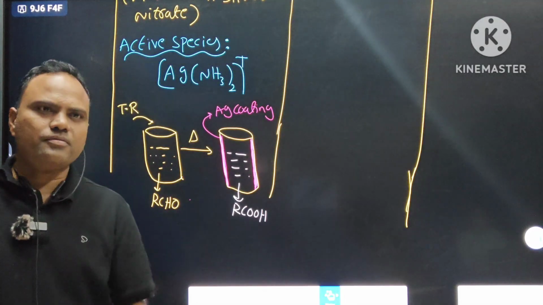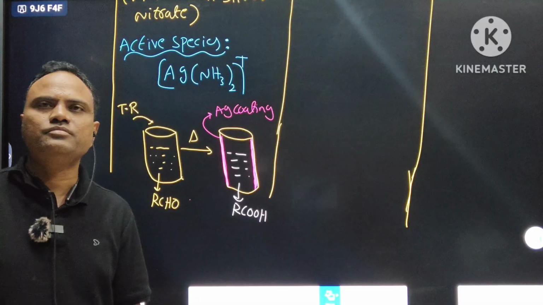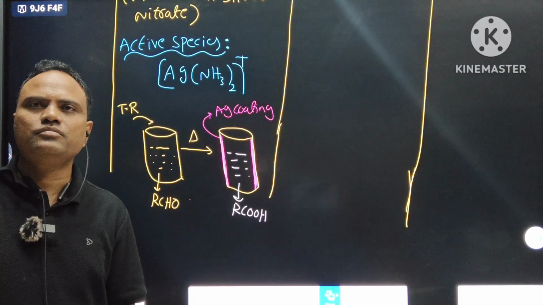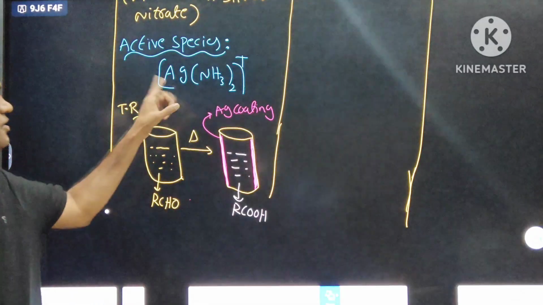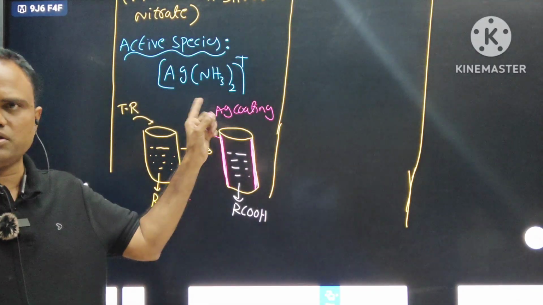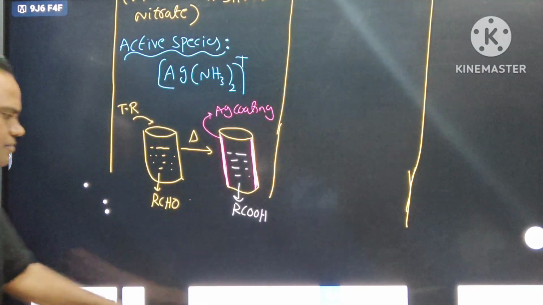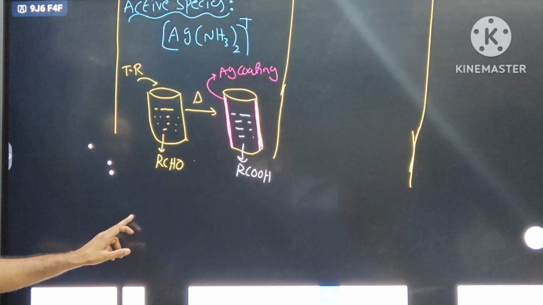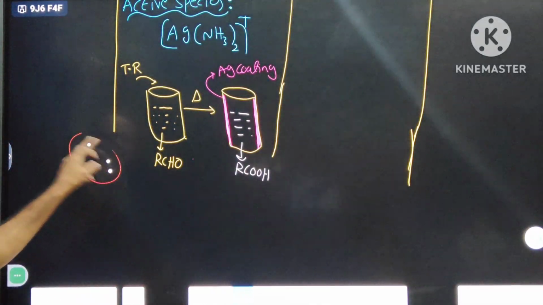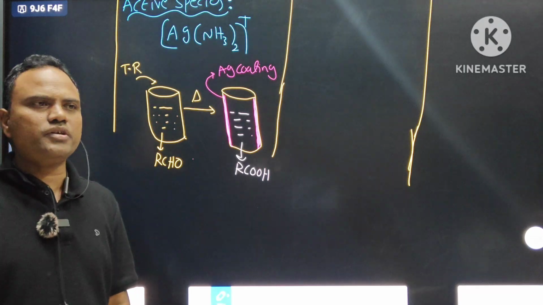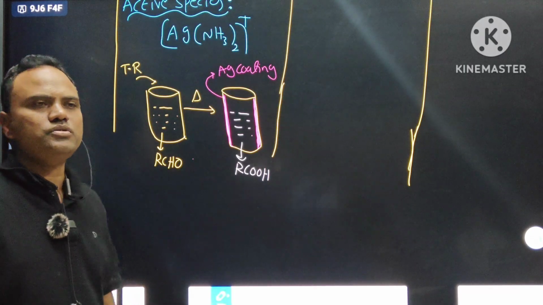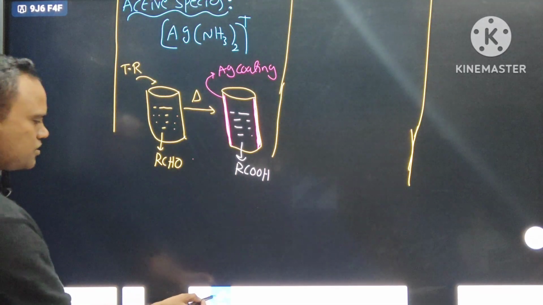I already said Tollens reagent formula: Tollens reagent means [Ag(NH3)2]+. Now let us see the reaction.